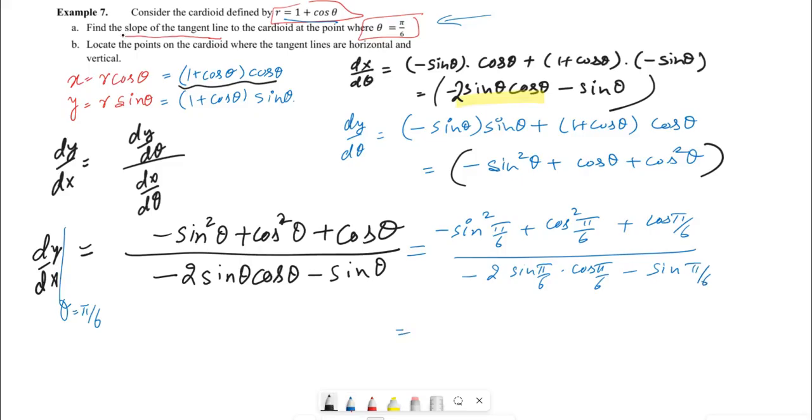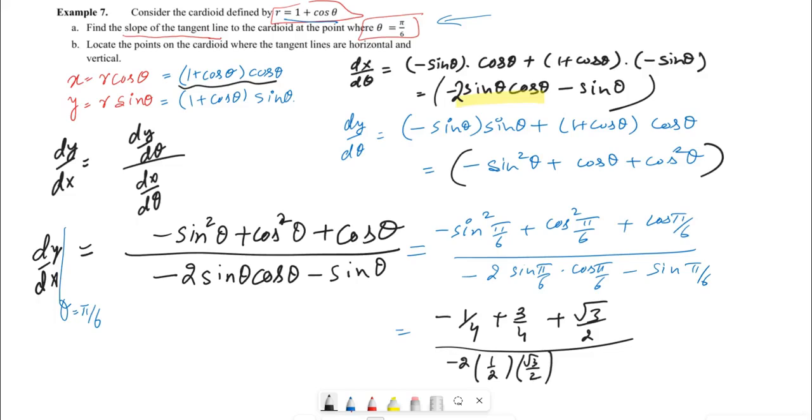Sine pi by 6 is half, so that is negative 1 by 4. Cosine pi by 6 is root 3 by 2, so that will be 3 by 4. Plus cosine pi by 6, root 3 by 2, divided by negative 2 times sine pi by 6, which is half, cosine pi by 6, root 3 by 2, minus sine pi by 6, which is half.